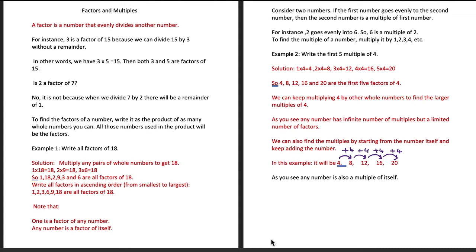Another way of finding multiples of a number is to start with that number and keep adding that number to itself. So for example, if you're finding the multiples of 4, start with 4 and keep adding 4. So 4 plus 4 is 8, then 8 plus 4 is 12, 12 plus 4 is 16, and 16 plus 4 is 20.